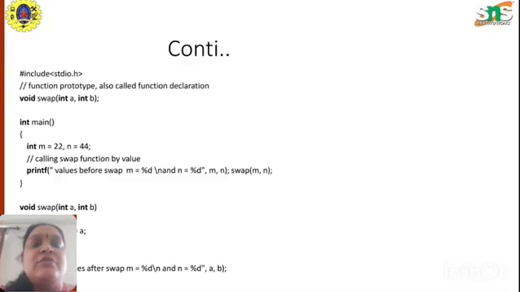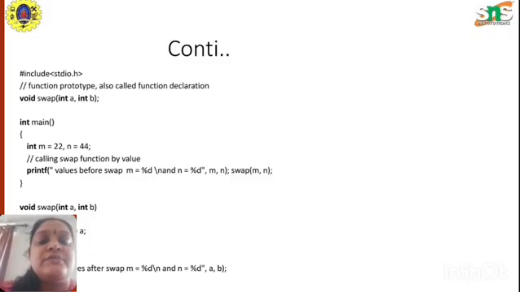Let me have the value of m as 22 and n as 44, and the resultant answer should be m as 44 and n as 22. Next, I have a function call here, swap of m comma n. Swap will find a match for the exact function which you have written in the larger program. If a match is found, the m and n values will be copied to a and b, so a will have 22 and b will have 44.